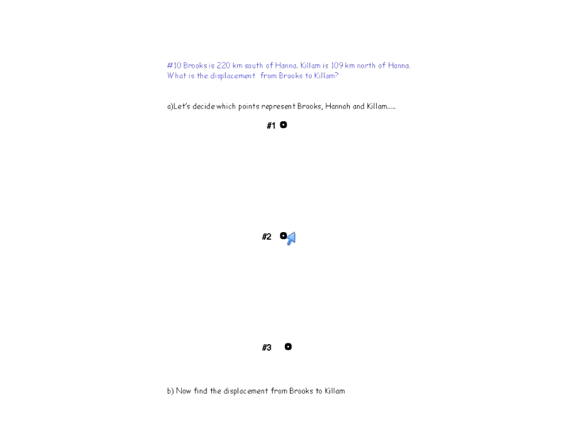That's right, because Brooks is south of Hannah, and Killam is north of Hannah, so Hannah goes in the middle. So we'll just label Hannah first of all. It makes sense to start with Hannah. And so which one are we going to label north of Hannah?